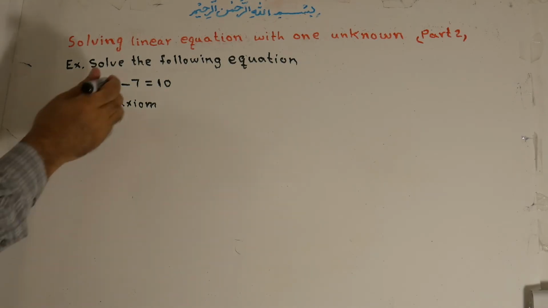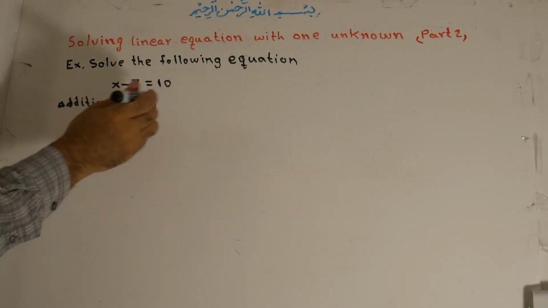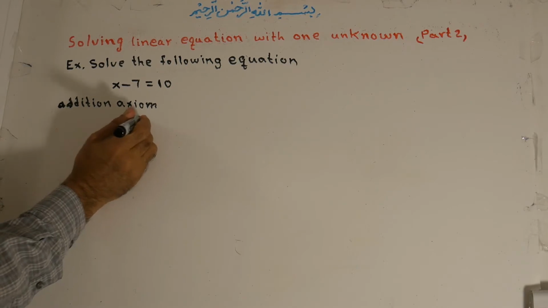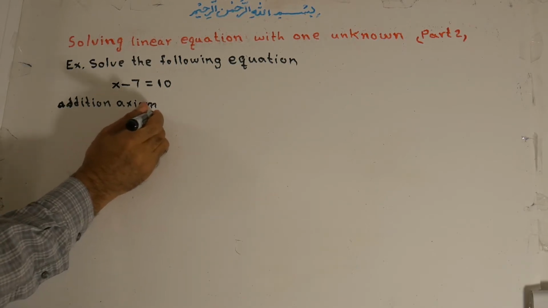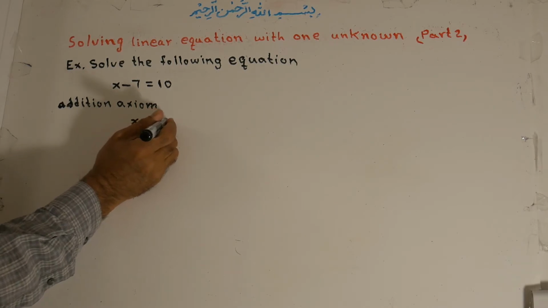Now what we do, we add plus 7 or positive 7 to both sides of the equation. This is like a scale. When we put the same amounts at both sides of the scale, there is no change in the scale.